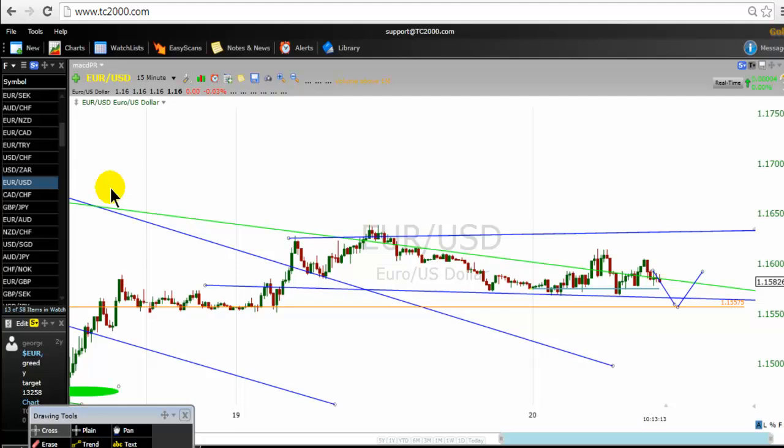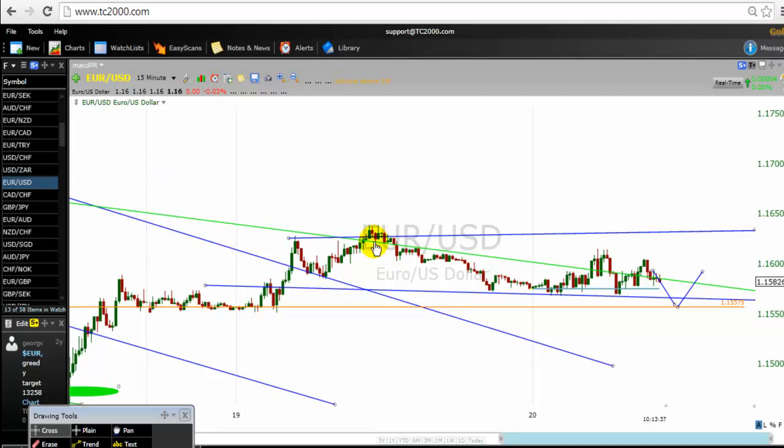So if the warning given by MACD is correct, as the price is pulling back, if the price reaches a valid support zone but the market is bullish, which means the warning given by MACD is true, the price will change direction as soon as it hits a valid support level.